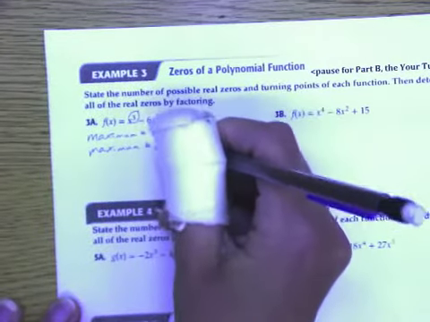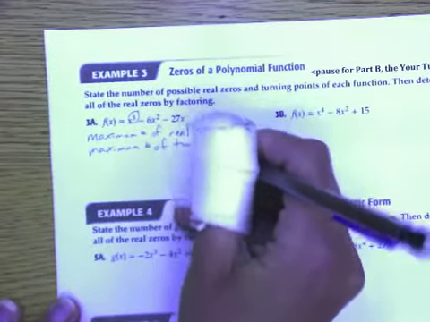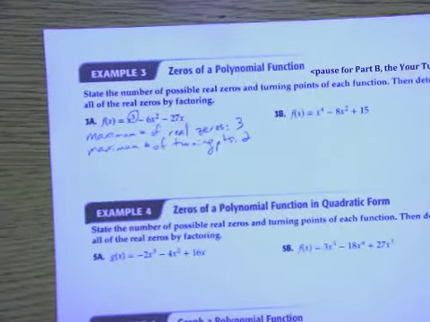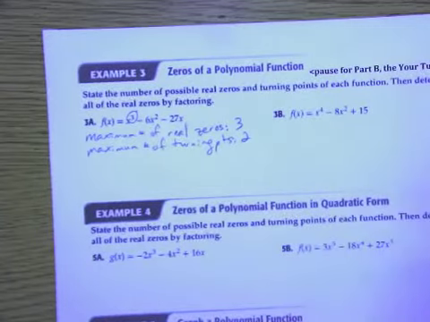And the maximum number of turning points is 2.